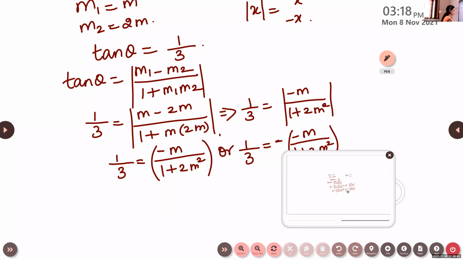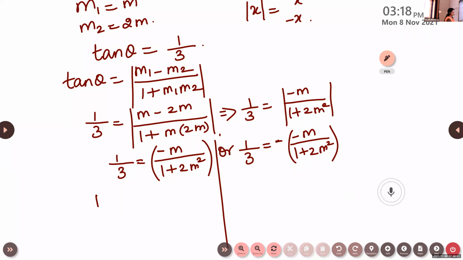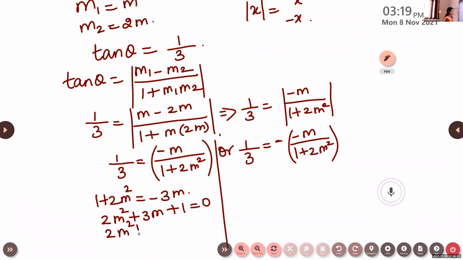Take the first part. Cross multiply. 1 plus 2m square is equal to negative 3m. Now bring all the terms to one side. We get 2m square plus 3m plus 1 is 0. Product is 2 and sum is 3, so we get 2m square plus 2m plus m plus 1 is 0.